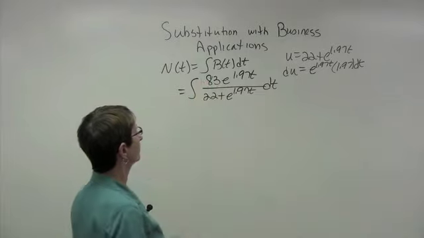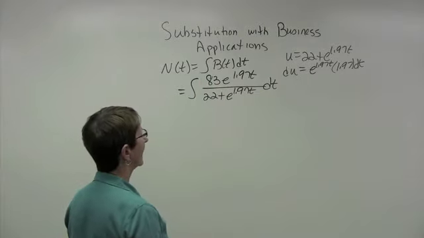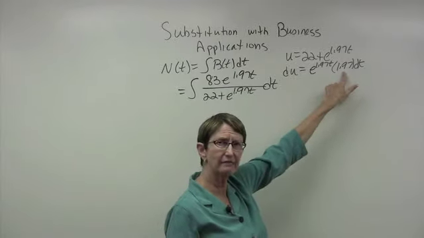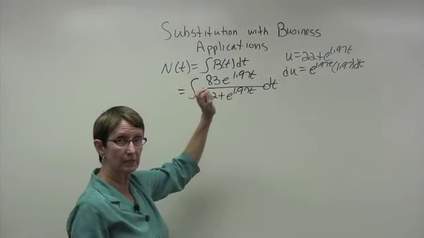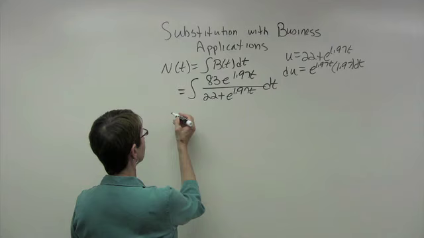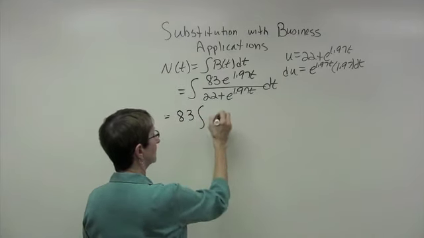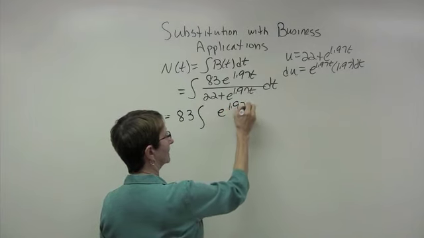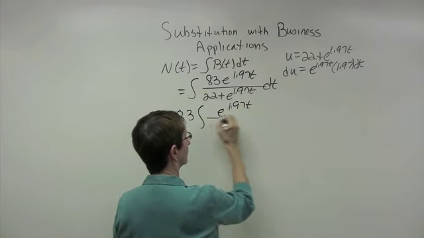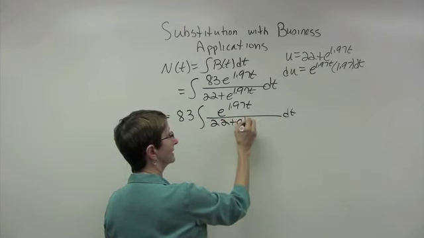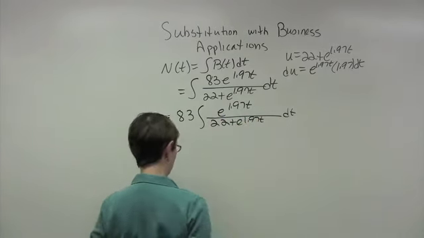So when we look back over here, looks like I do have some jiggling to do because I don't have a 1.97 and I do have an 83. So let's rewrite this. Move the 83 in front. e to the 1.97t over 22 plus e to the 1.97t.